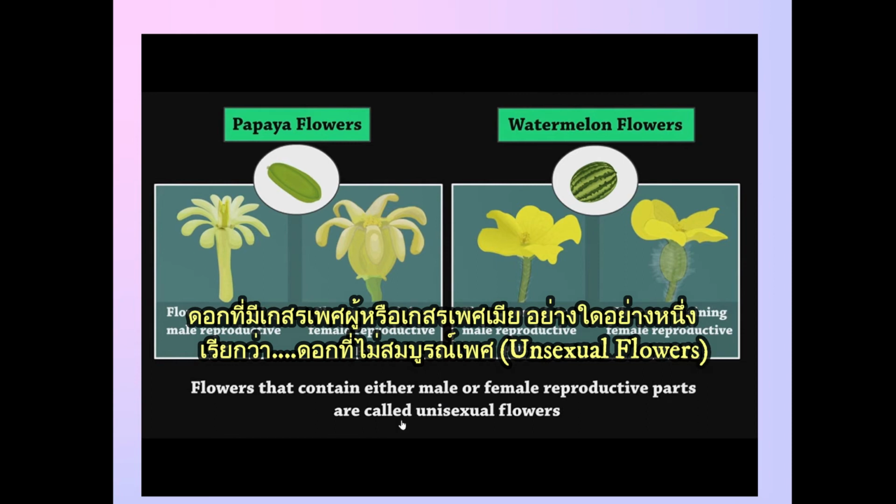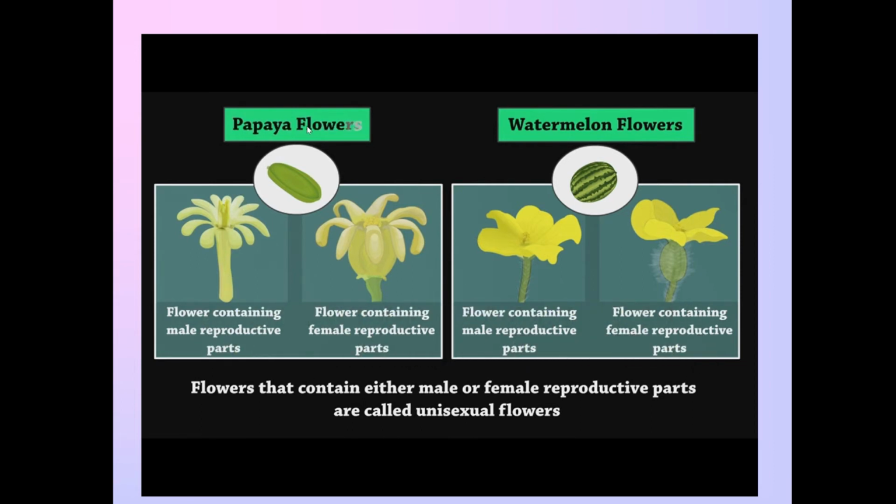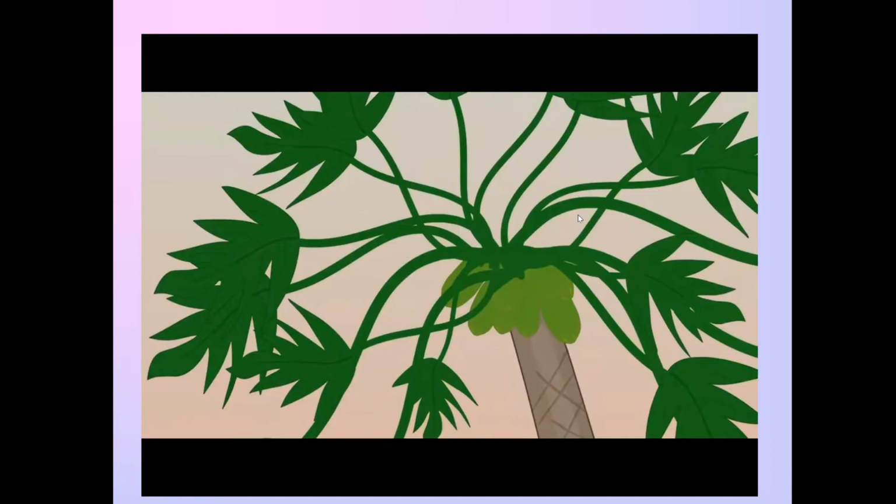Flowers that contain either male or female reproductive parts are called unisexual flowers. Papaya and watermelon are some examples of unisexual flowers.